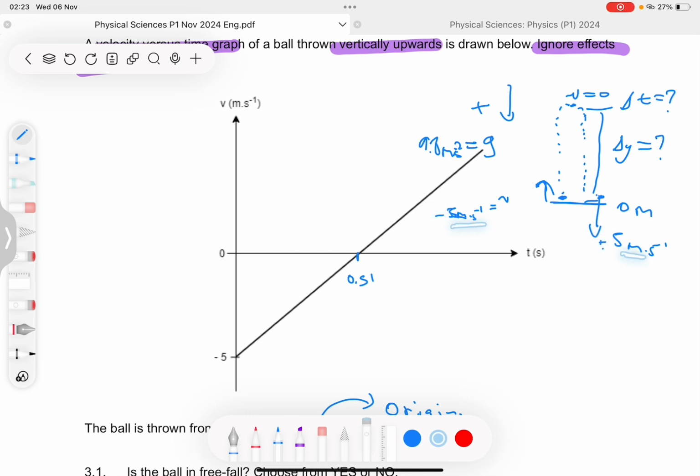So the speed is the same, but the velocity is not the same. It differs with direction. We know this because projectile motion is symmetrical. It has a speed symmetry. The speed that it takes to go up is the same as the speed it goes down with. We know that from symmetry.